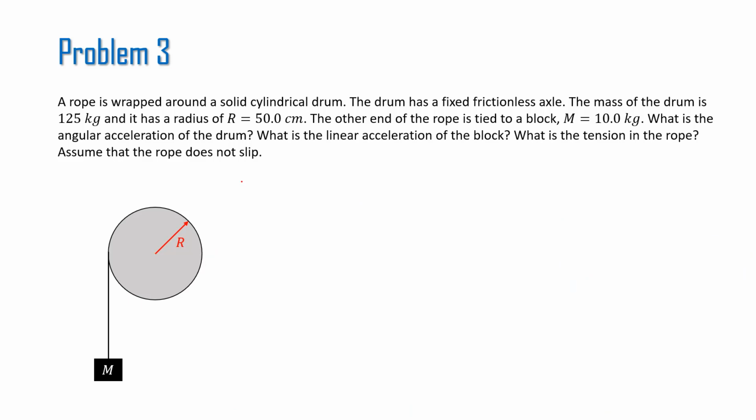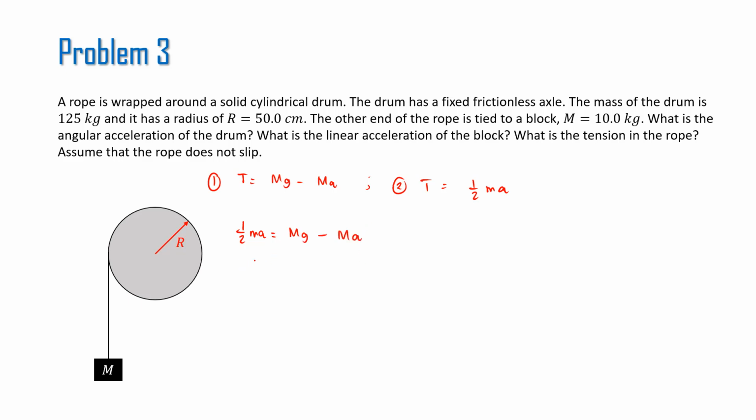From our previous slide, T is equal to mg minus ma, and this is our first equation. Our second equation is T is equal to 1/2 ma. So we substitute equation 2 into equation 1 so that we have 1/2 ma is equal to mg minus ma.